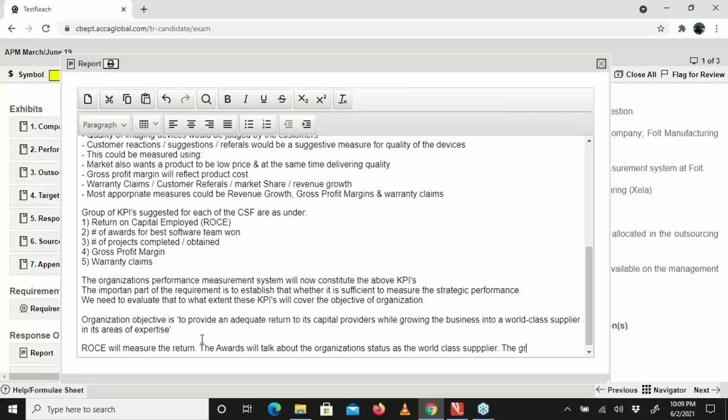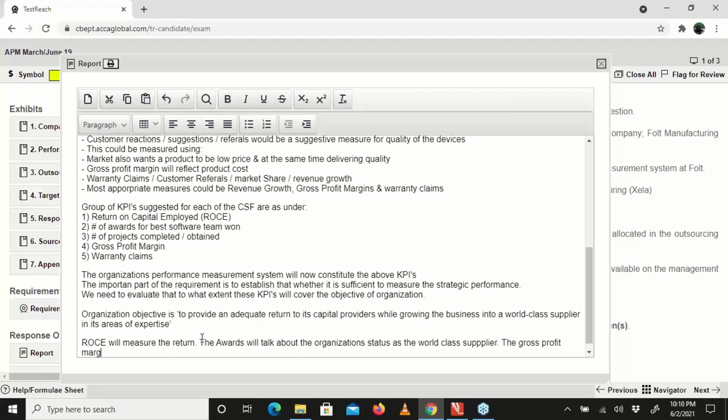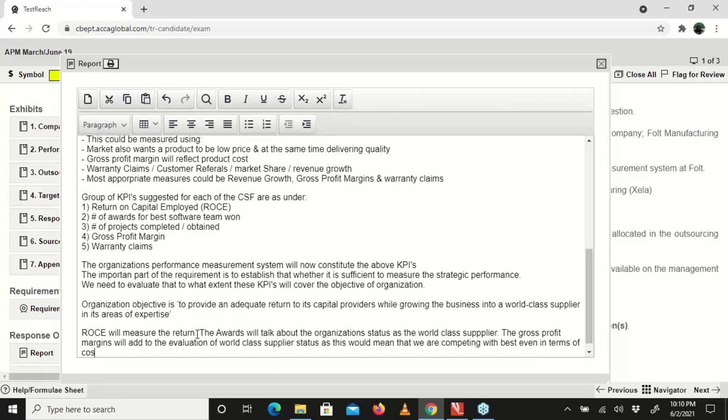The gross profit margins will add to the evaluation of the world class supplier status, as this would mean that we are competing with the best even in terms of cost.